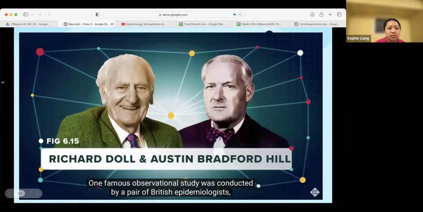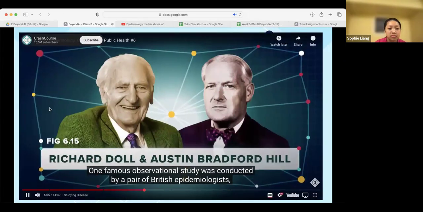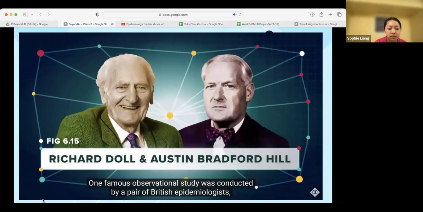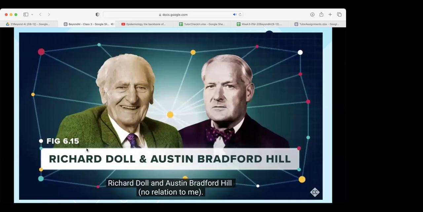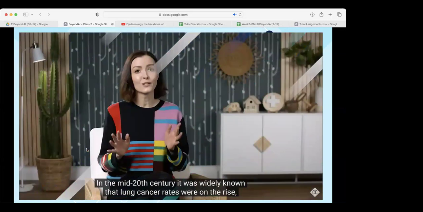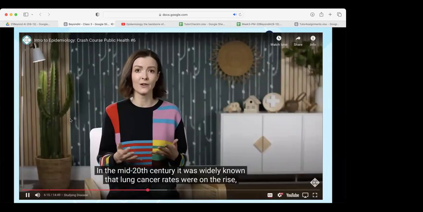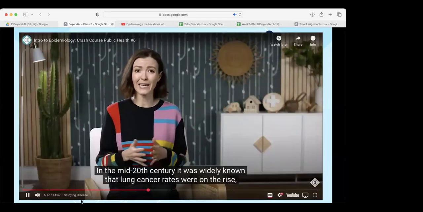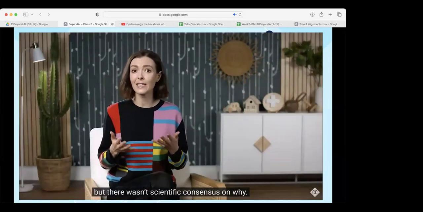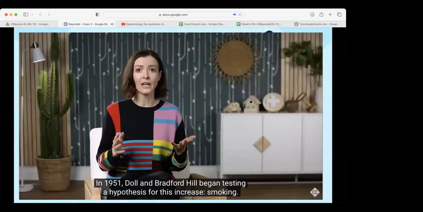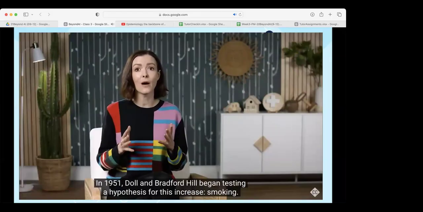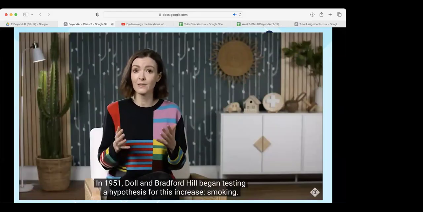One famous observational study was conducted by a pair of British epidemiologists, Richard Doll and Austin Bradford Hill, no relation to me. In the mid-20th century, it was widely known that lung cancer rates were on the rise, but there wasn't a scientific consensus on why. In 1951, Doll and Bradford Hill began testing a hypothesis for this increase: smoking.